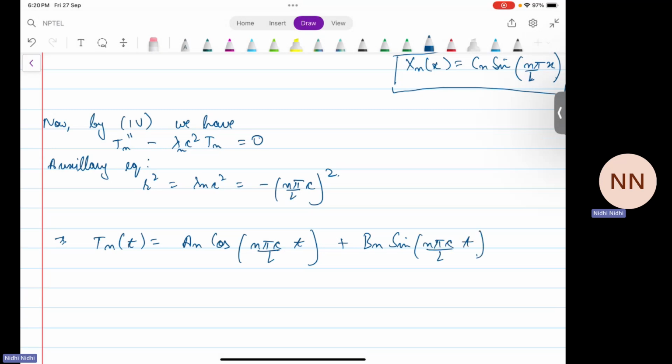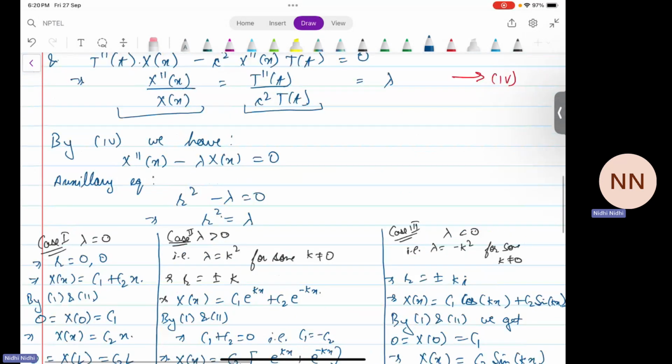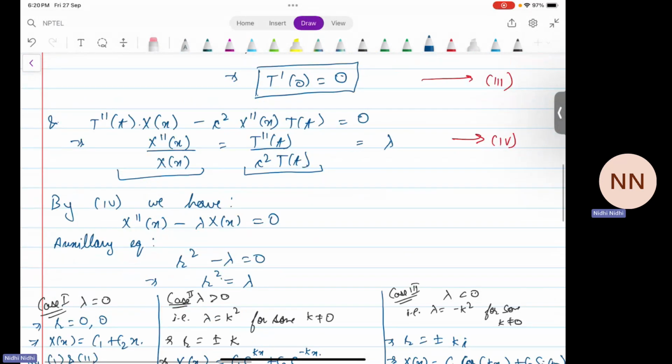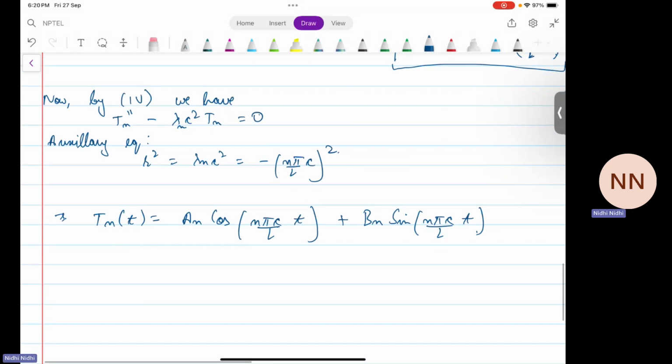Now we had some initial condition for T. By equation 3, we have T dash 0 equals 0. So 0 equals T n dash at 0, which is basically, since the derivative of cos x is minus sin x, and sine is 0 at 0, this first term will vanish.